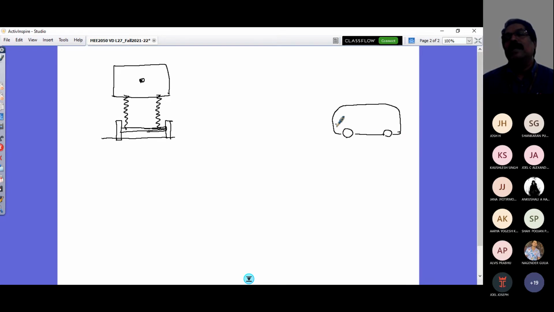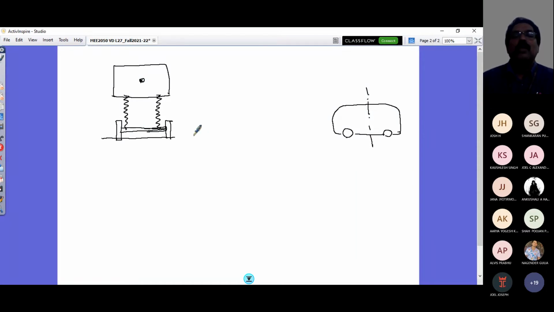Why? Because the half car model is taken like this. When I cut and remove this portion and view it, this is how it appears, and the wheels are taken together, right and left side wheels represent this and this, right?